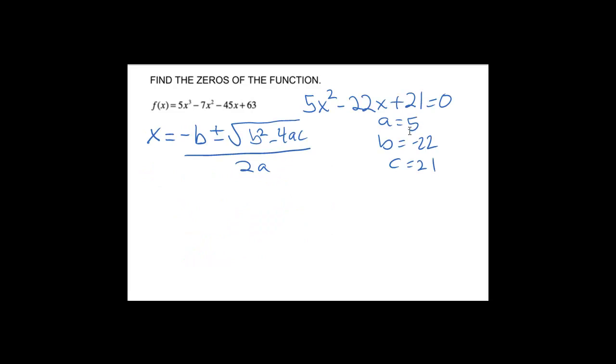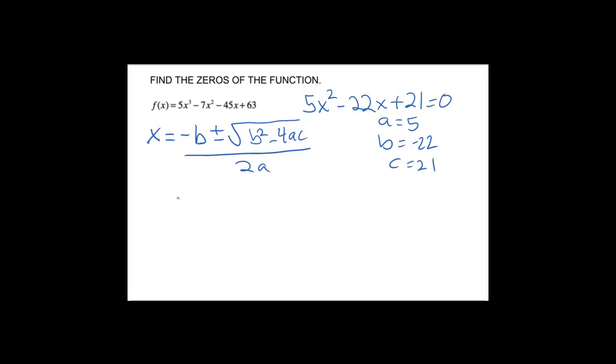All right, so we're going to use quadratic formula, and we can pick off our A, B, and C. A is 5, B is -22, C is 21, and we'll plug in.